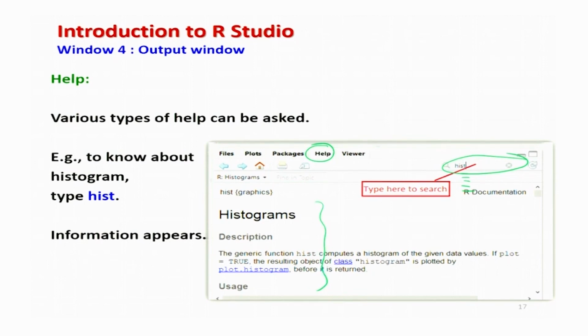So various types of help are available here, and within histogram also you can type something, and then it will show here. So you can recall that in the beginning of the course we discussed a couple of ways to take help in the R software, but now in RStudio most of those things have been combined in one place.